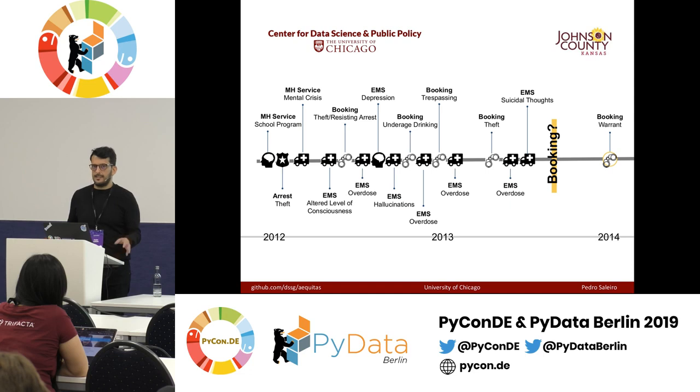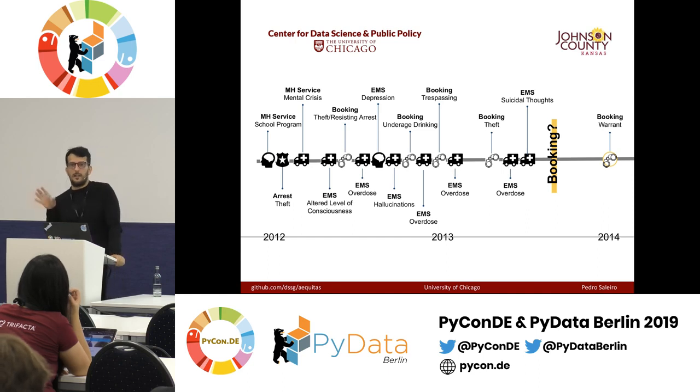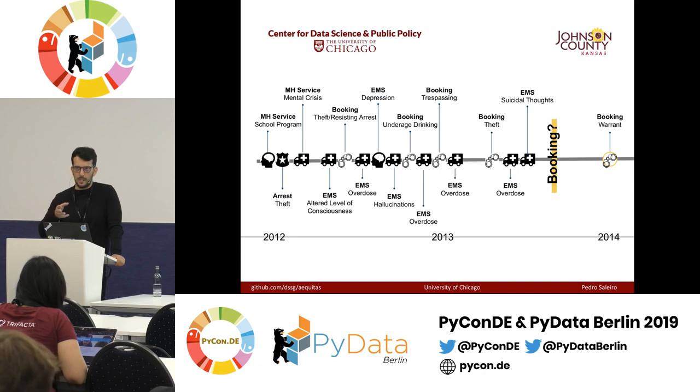And as is kind of obvious, jail is not the right place for people facing a mental health breakdown. And Johnson County in Kansas is really progressive on that, and they developed this co-responder program where a mental health provider, an expert, would go along with the police for calls with specific codes, like substance abuse, domestic battery, suicide calls, and so on.